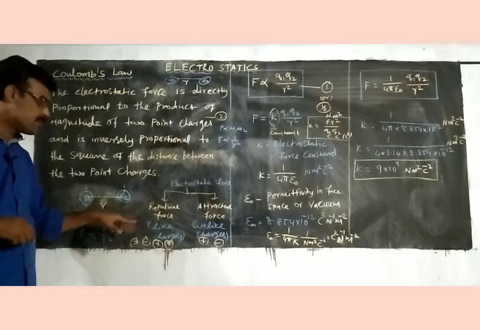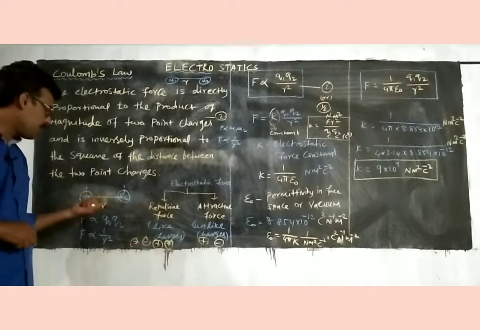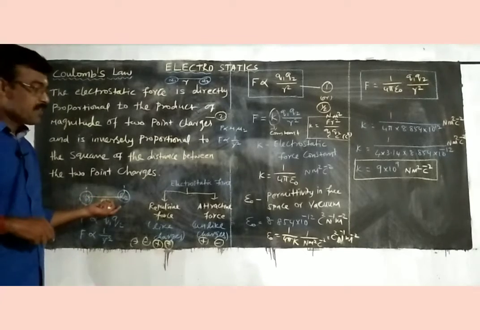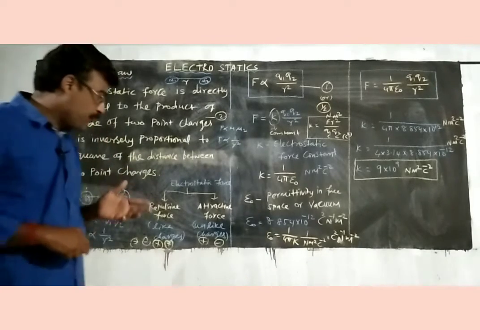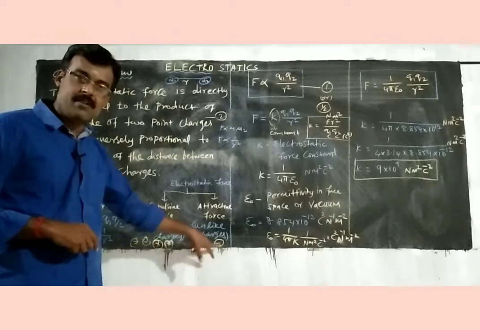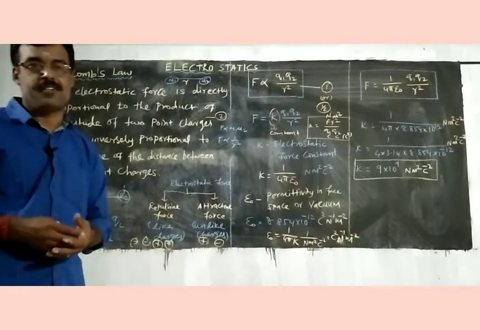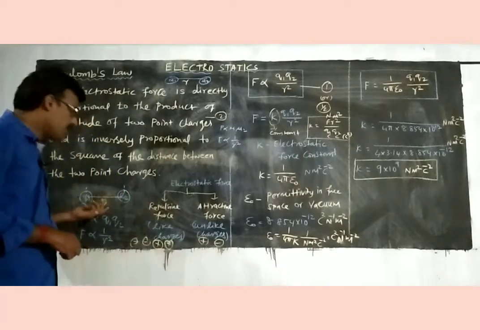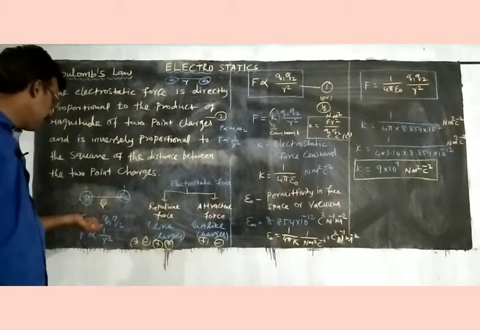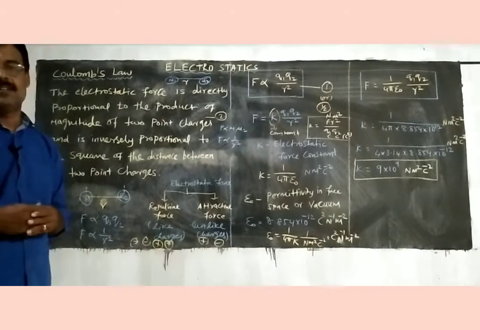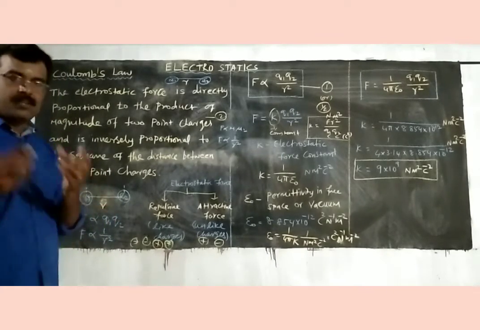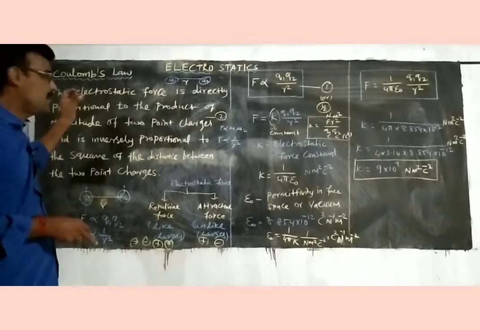Whenever there are similar charges, a repulsive force acts between the two charges. When there are unlike charges, positive and negative, an attractive force acts between them. This is what is given by Coulomb as a law.